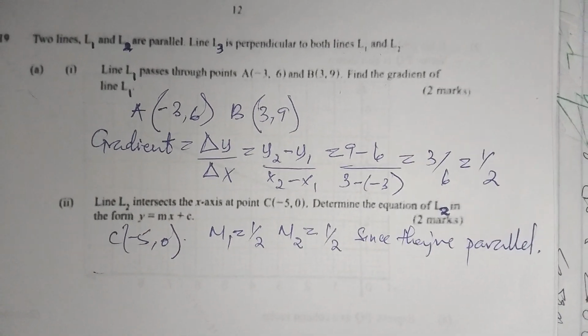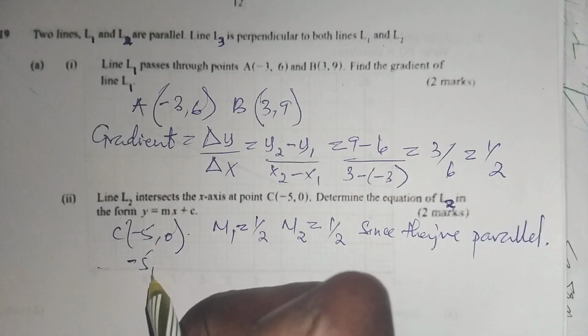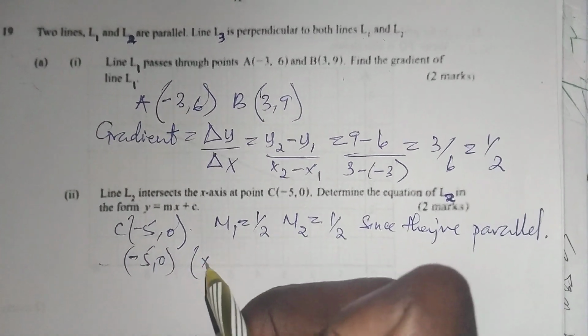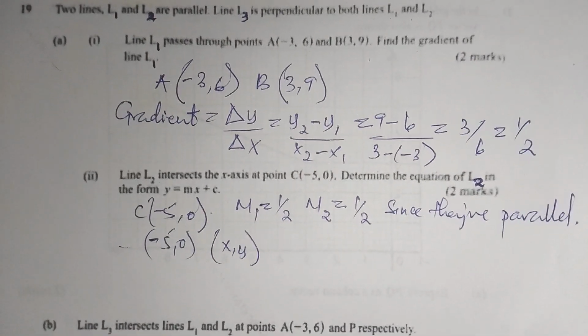They have the same gradient. So since we have one point and we can have another unknown point, we can form the equation.